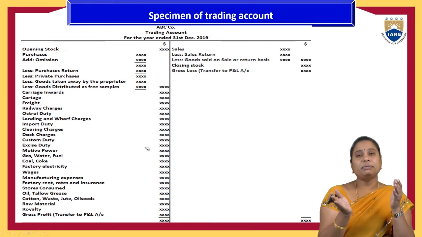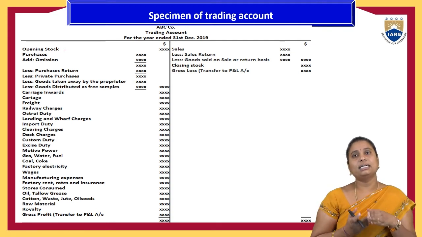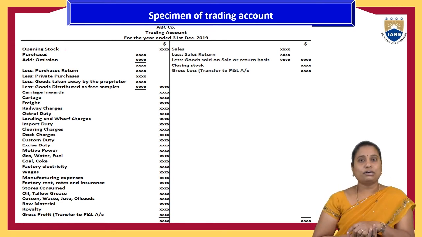Under the debit side, if the balance is less, then credit is more, debit is less, and it is a profit. That is gross profit. And if the debit side is more and the credit side is less, then we treat it as gross loss.